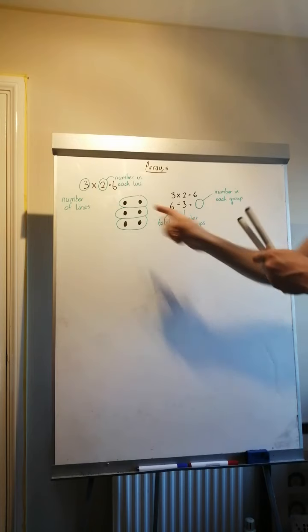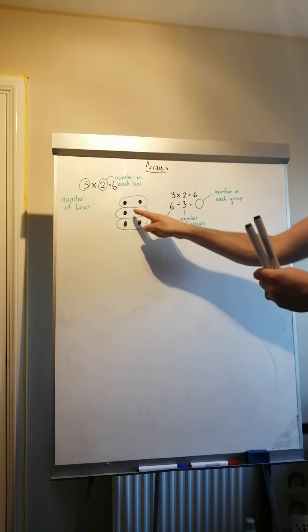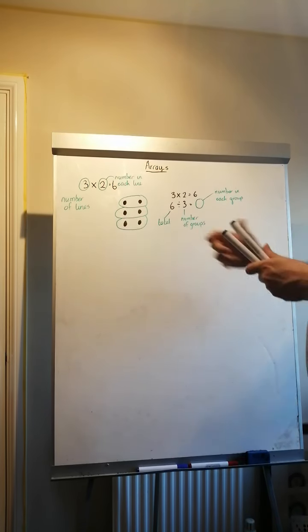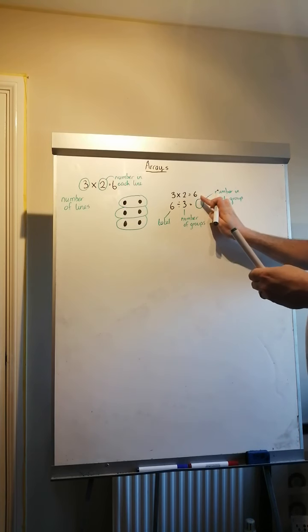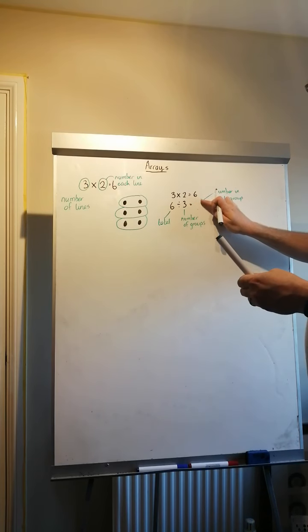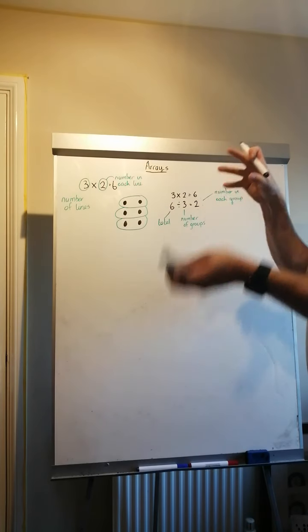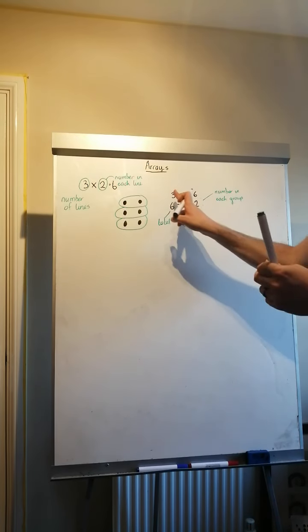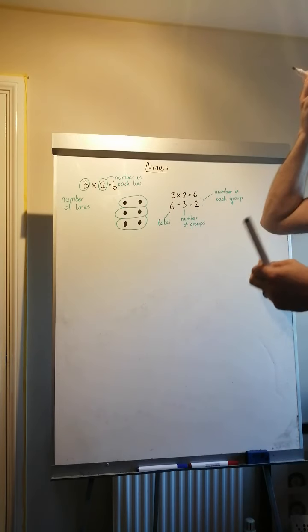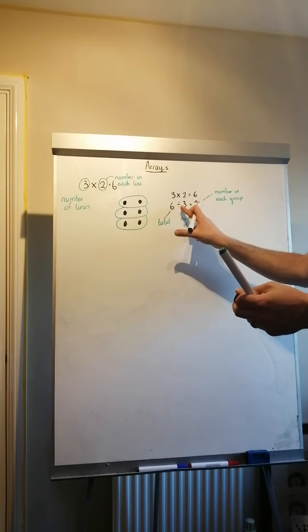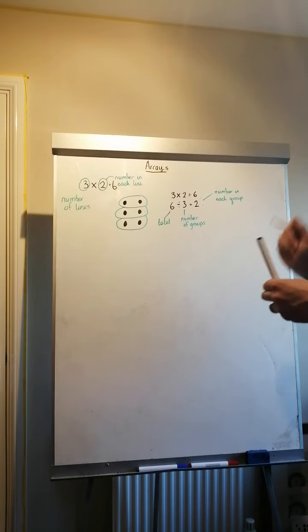So that's what we work out. Well, how many's in that group? 2. Same in that one? Yes, same in that one. So they're all the same. So we know, I'm going to take away that circle actually. Just have the line. So I have changed it round the other way. So we can say that 3 times 2 equals 6, but we can also say that 6 divided by 3 equals 2.